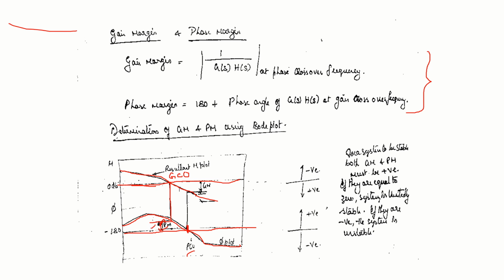From the phase crossover, you drop a vertical to this, you will get the gain margin, the reciprocal of that, that's why it is down. So if you get positive gain margin and positive phase margin, then you know that it is not crossing the minus 1 plus j0 point when we draw the Nyquist plot. System is stable. By chance if you get negative gain margin and phase margin, then the system becomes unstable.